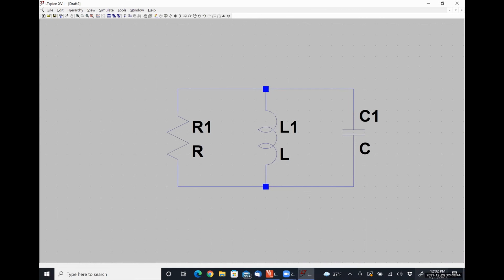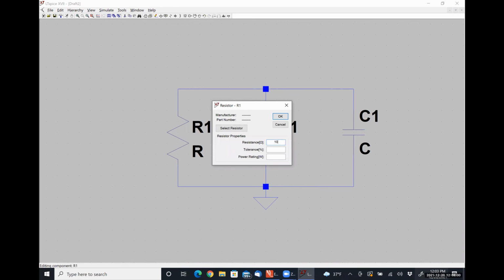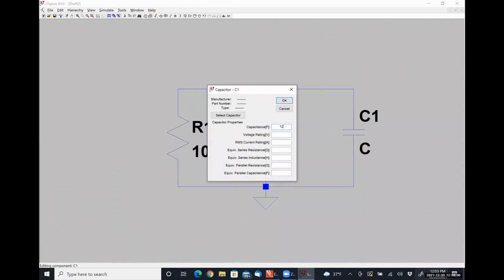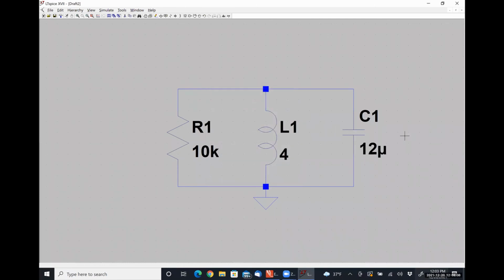And I have to give it a ground or LTSpice won't do it. So I'm just going to choose the negative polarity terminal of my capacitor voltage to be ground. This was a 10 kilo ohm resistor, this was a 4 Henry inductor, and this was a 12 microfarad capacitor.